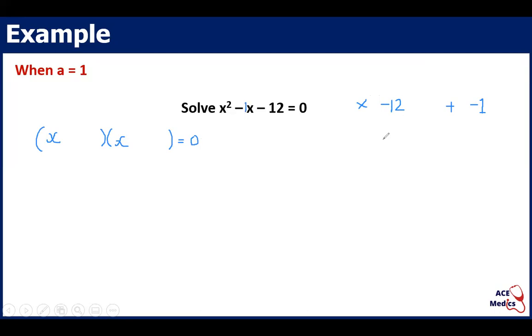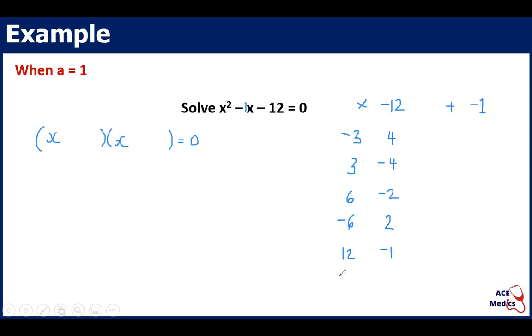So two numbers that make minus 12 could be minus 3 and positive 4. It could be 3 and minus 4. It could be 6 and minus 2. It could be minus 6 and 2. It could be 12 and minus 1.